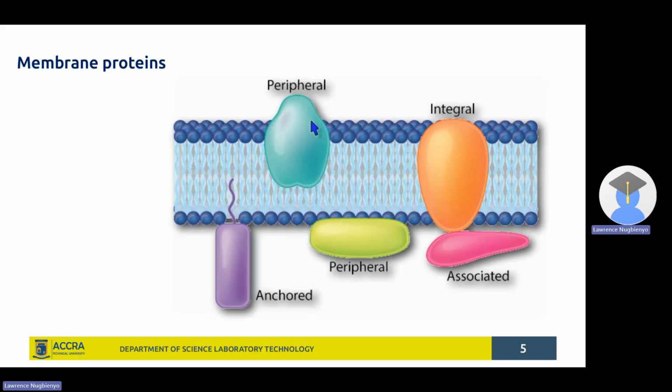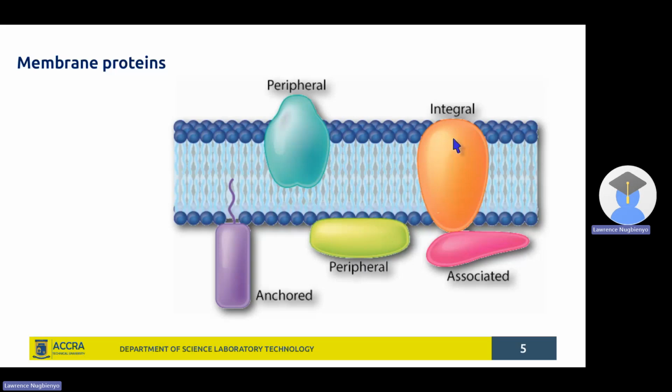It hasn't transcended the full thickness of that membrane. So that is a peripheral protein. Here's another peripheral protein, which has not even embedded itself into the lipid bilayer, but is just at the surface. So that's another type of peripheral protein.